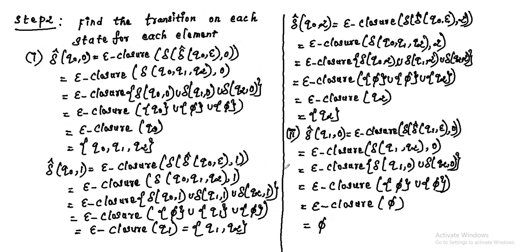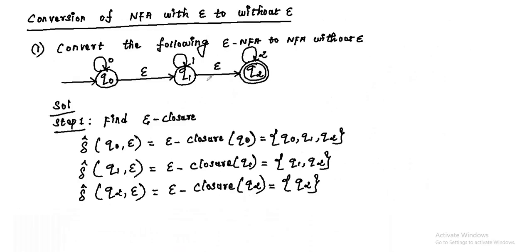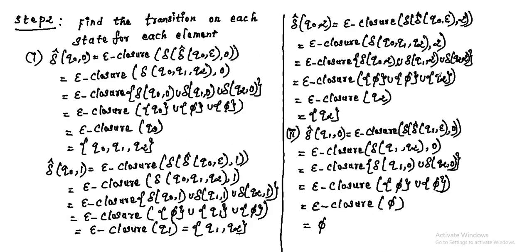Union q2 on 2, see the transition diagram, q2 on seeing the symbol 2 reaches q2 itself. Here you mention q2. When you apply the union operation, you will get null union q2.